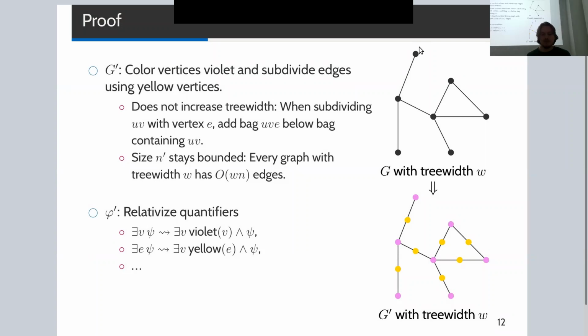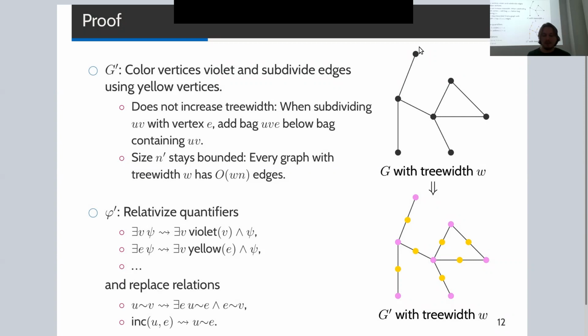Now you ask, there exists a vertex that is violet that satisfies phi. This way you relativize all the vertices. And whenever you ask, there exists an edge that satisfies phi, you say there exists a yellow vertex that satisfies phi. So we have to make sure that we quantify over the right kind of vertices in our formula. Of course, we do the same thing also for universal quantifiers.